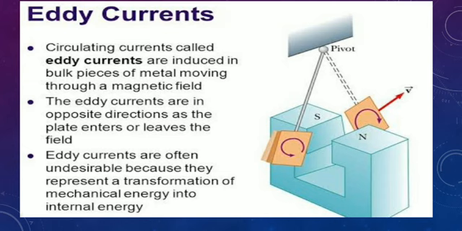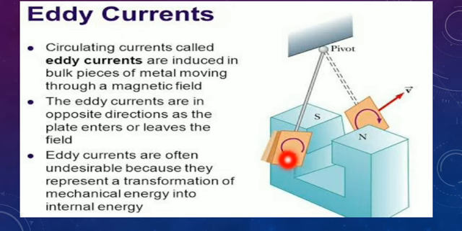See this eddy current. This is the magnet, which has two poles. There is a small gap, and in this gap this plate is moving, that means oscillating from this side to this side. Here a constant magnetic field is present, and this is one metal plate.